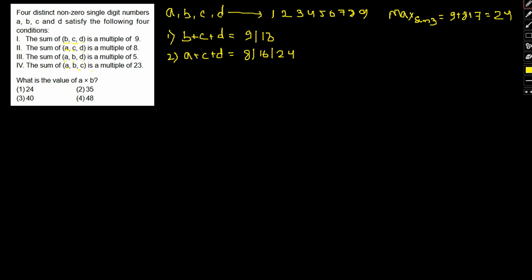Again, next up we have a plus b plus d, a multiple of 5. So it can be 5, 10, 15 and 20. Okay, and last, a plus b plus c is a multiple of 23. So it can only be 23, because we cannot go any further.